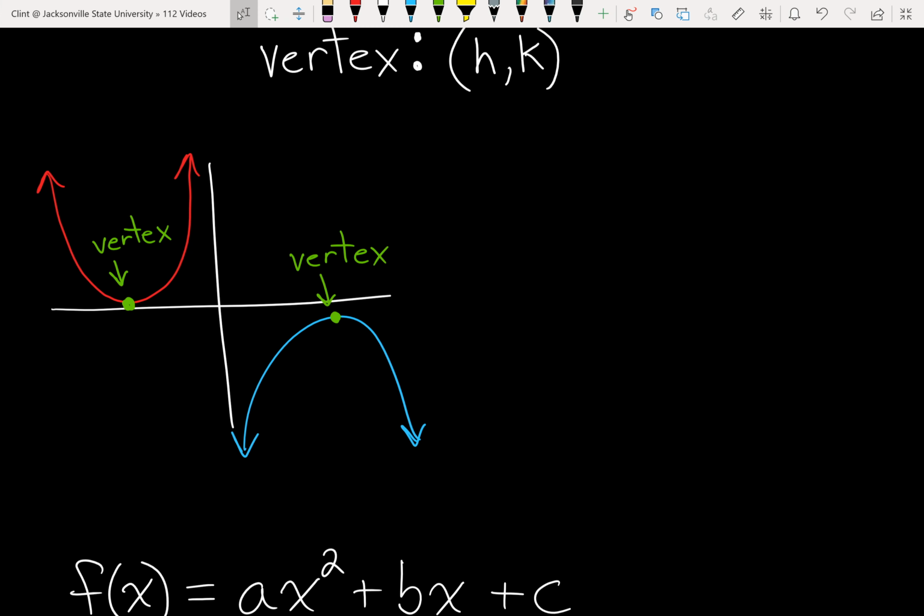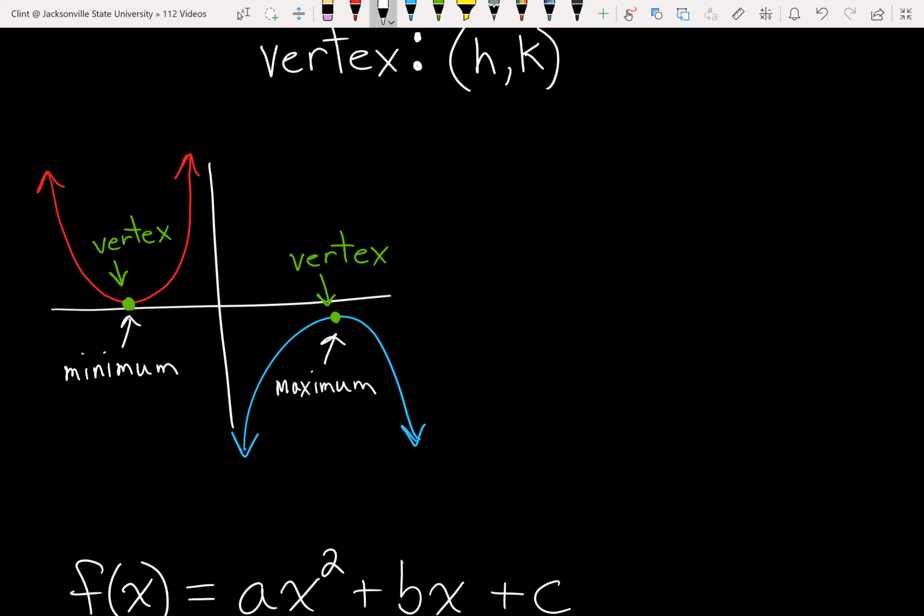Because here in this case, if it's the very smallest point, that's what we would call the minimum value of our function. Or if our parabola opens downward, it's like the mountain peak, so this would be the maximum of our function.